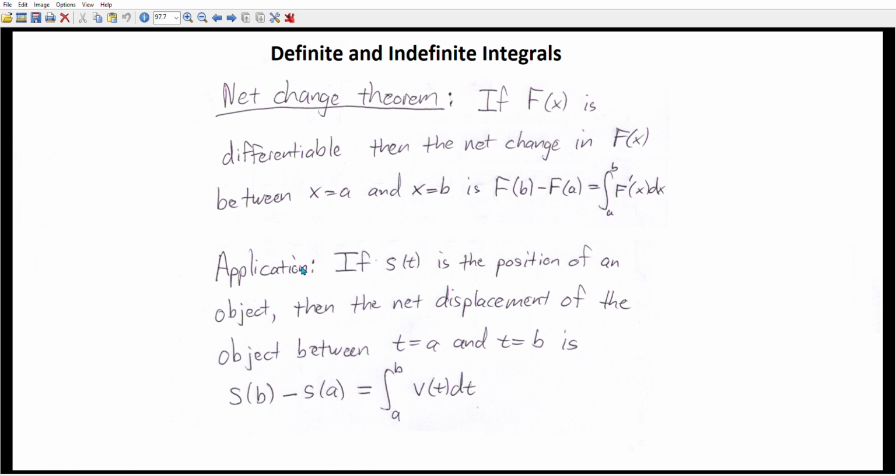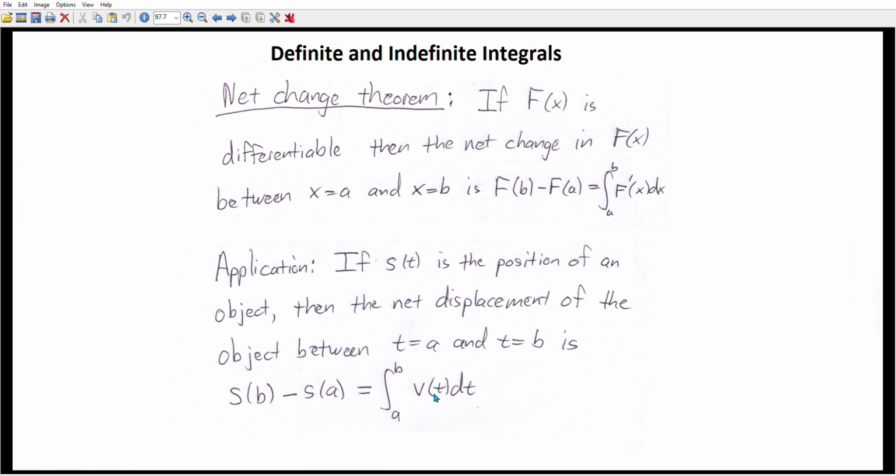So in application, if s of t is the position of an object, then the net displacement of the object between t equals a and t equals b is going to be s of b minus s of a, which according to the net change theorem is just going to be the integral from a to b of s prime of t dt.